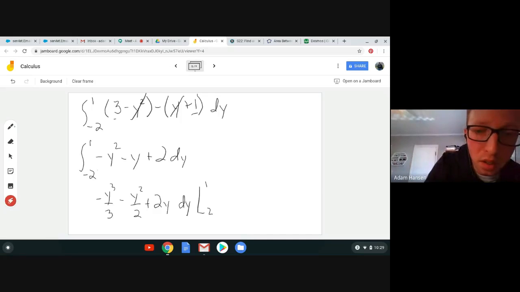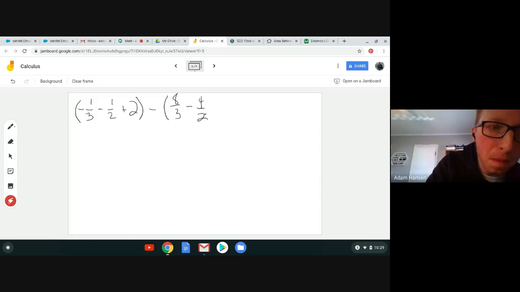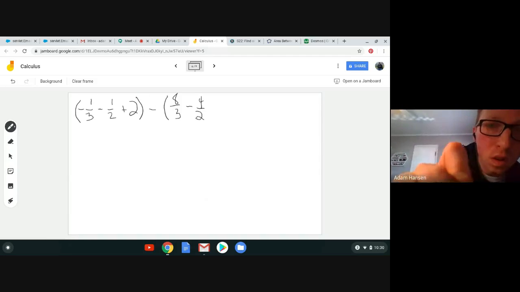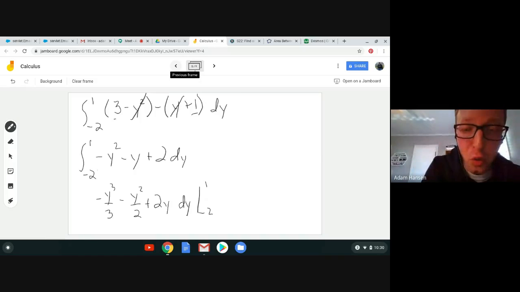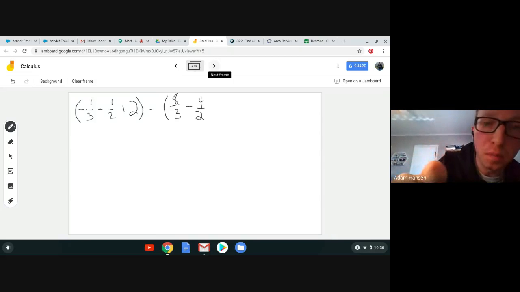When I plug in a -2 to y squared, that makes a positive 4, but this extra negative means I have to subtract it. So minus 4/2. Plus 2 times -2, so that would be plus -4 or minus 4.